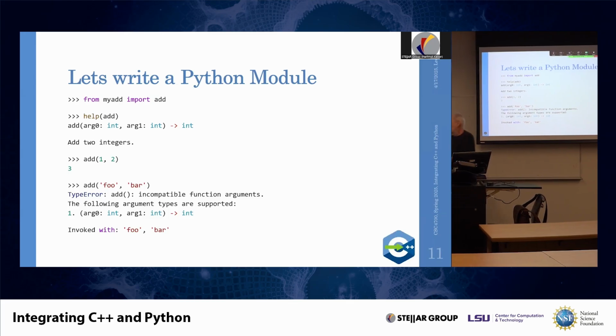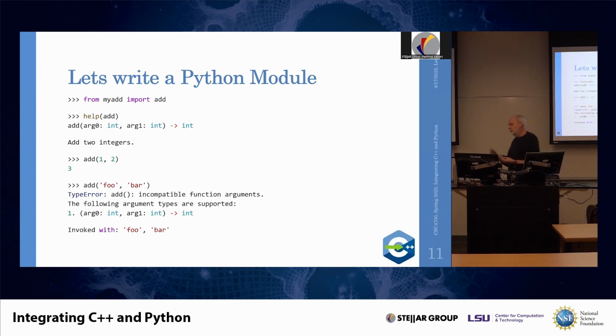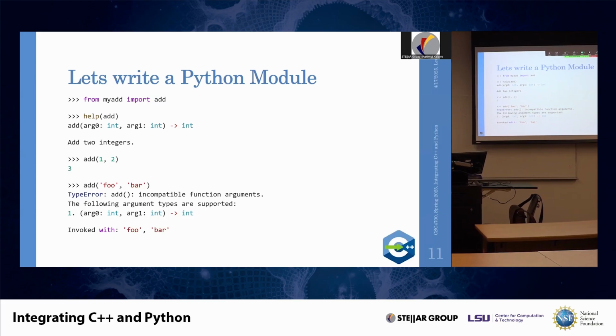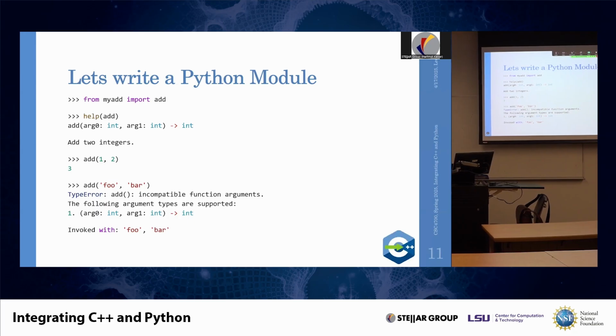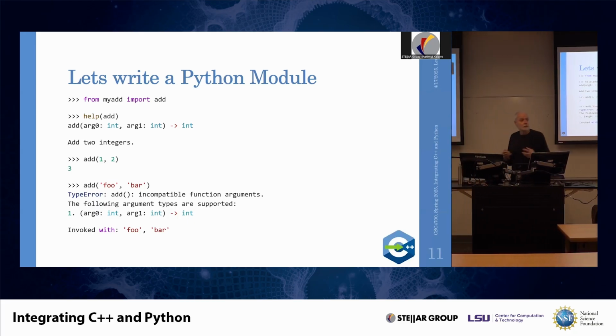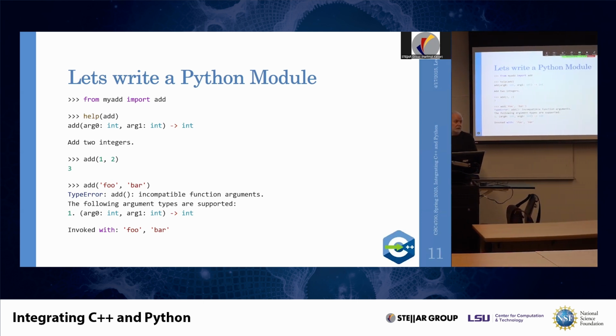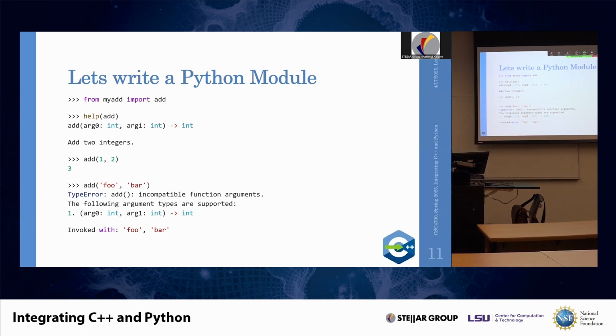You write your C++ code, and with a very simple, declarative way of declaring your bindings, you get full-fledged Python bindings without having to wade through all of that gibberish that Python generates. And you can debug it easily.